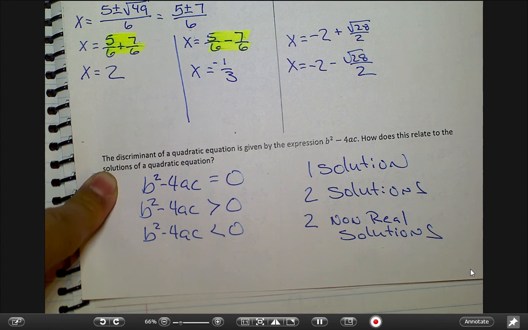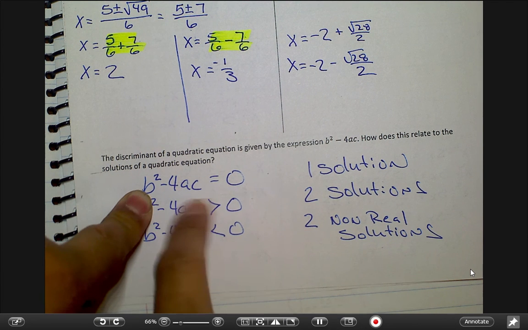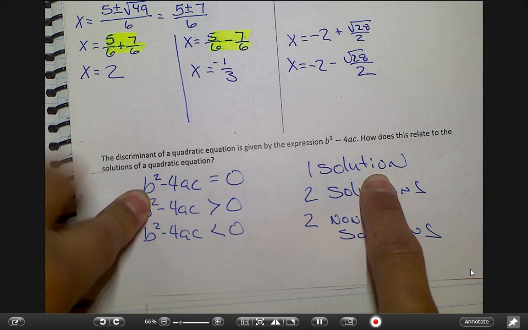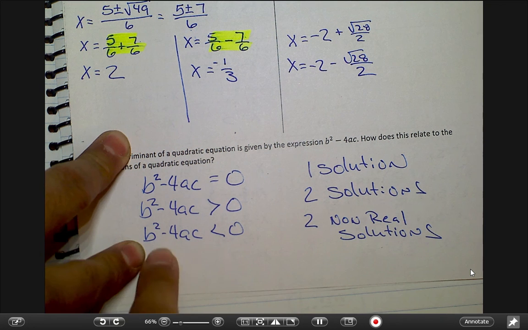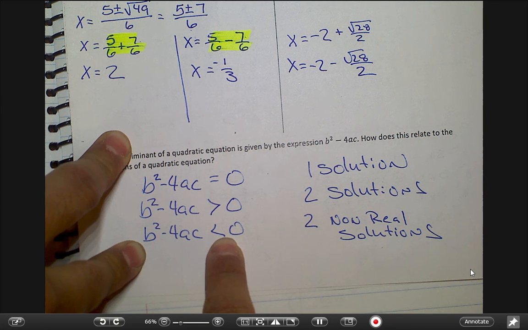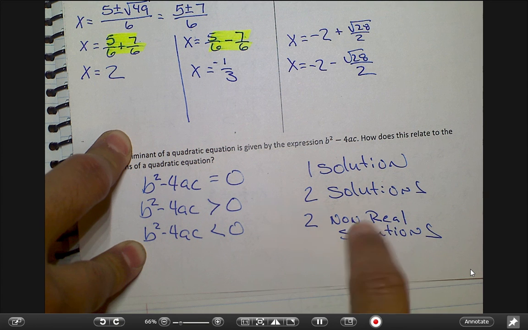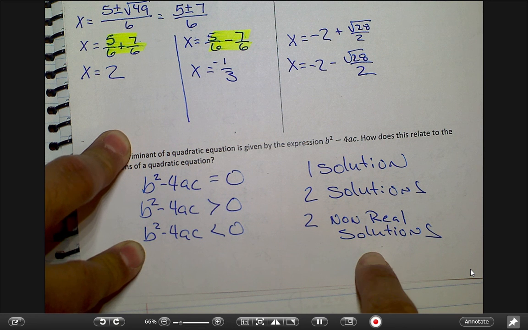You guys remember this? Okay, so if it was equal to 0, I had 1 solution, right? Greater than 0, 2 solutions. And if it is negative, it is 2 non-real solutions. It's always going to be 2 non-real solutions, not 1 non-real solution.